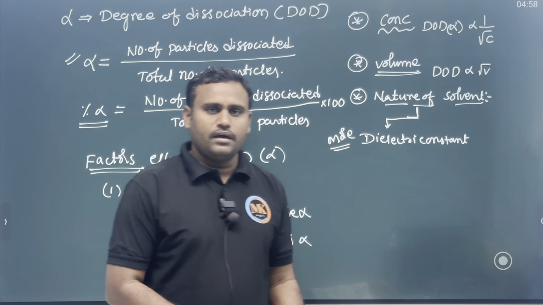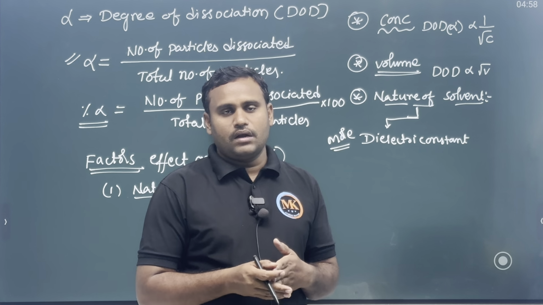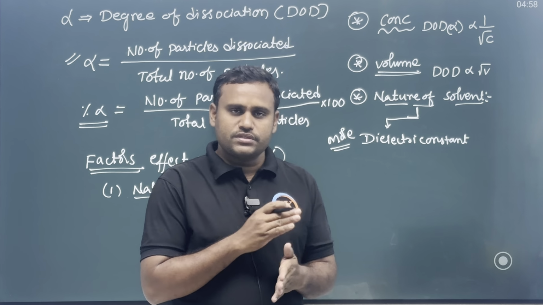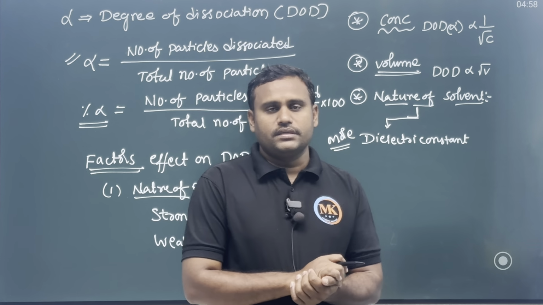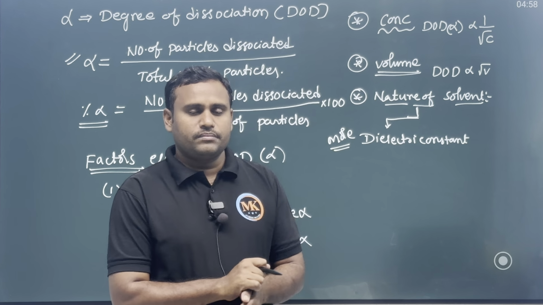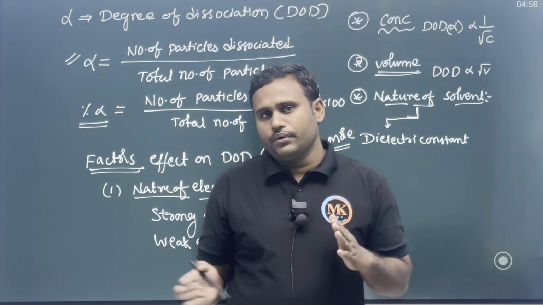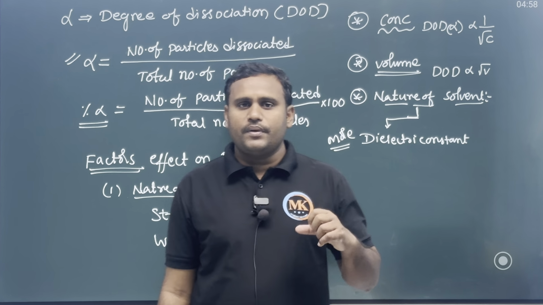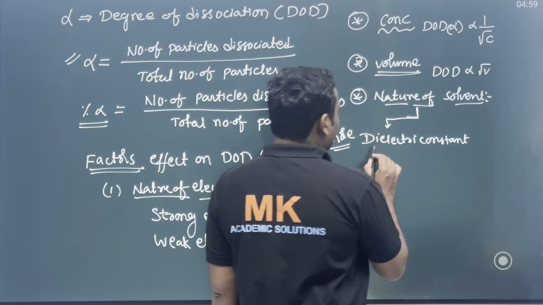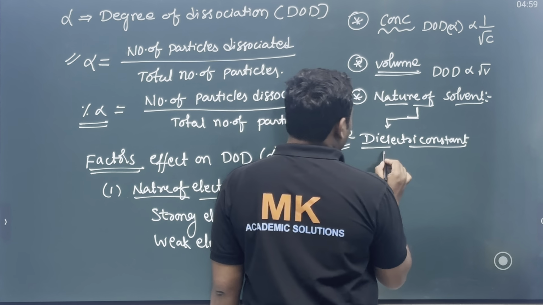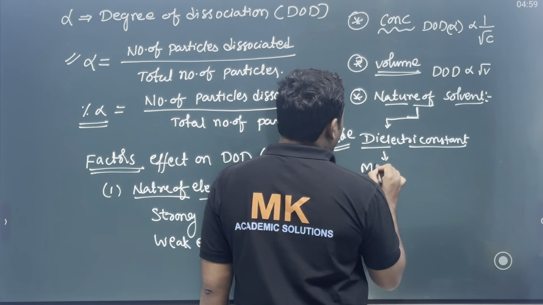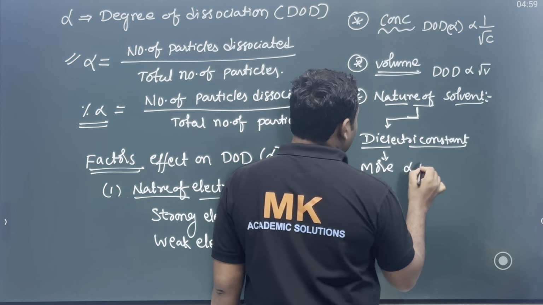It means the ability of the solvent to dissociate the compound into ions. Simply remember, the solvent can divide the compound into ions. That ability, that property, is called dielectric constant. See here, more dielectric constant, more alpha, more degree of dissociation.